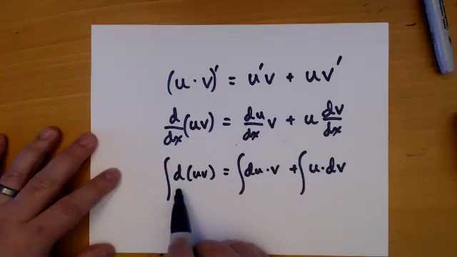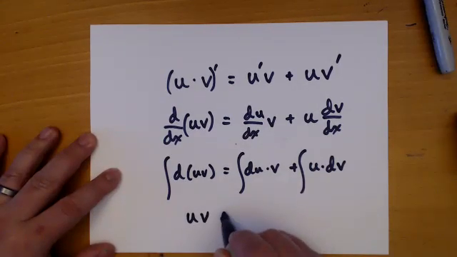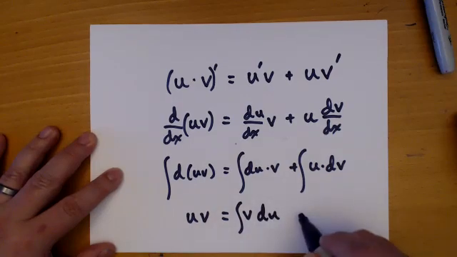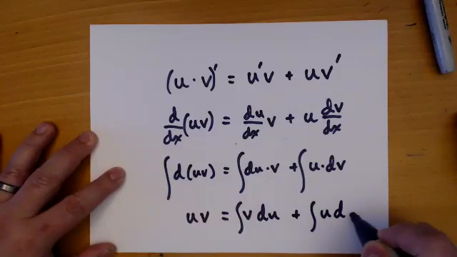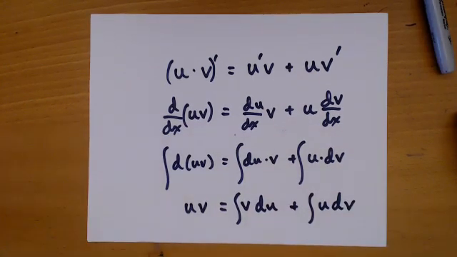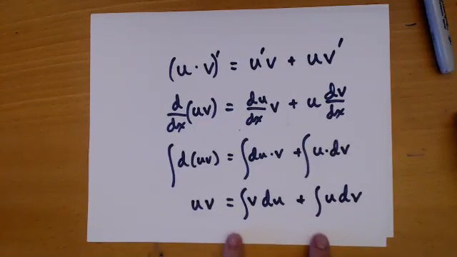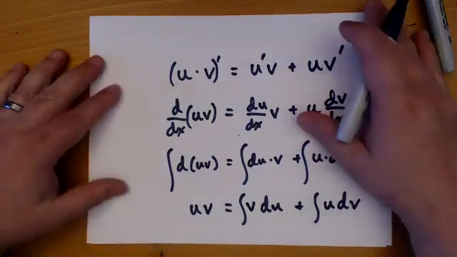So the integral of d(uv) is just uv, and now I've got the integral of v du plus the integral of u dv. Okay, and we can't immediately integrate these because we really don't know what u and v are or what their derivatives are. But what's really quite cool right here is I can rearrange this.